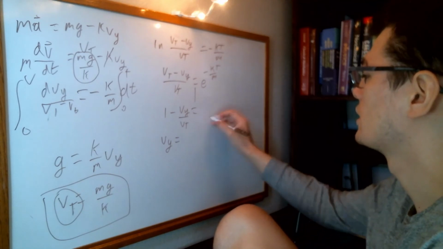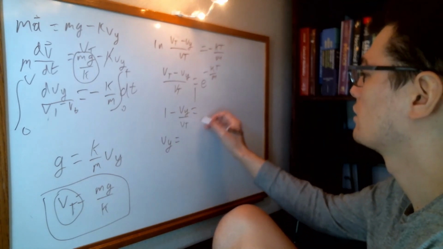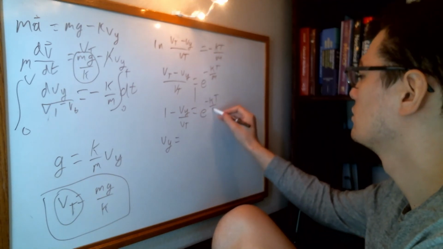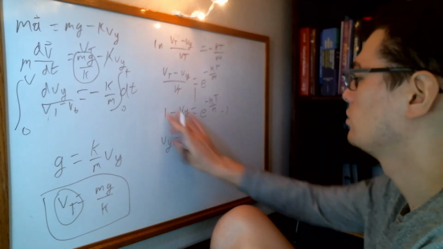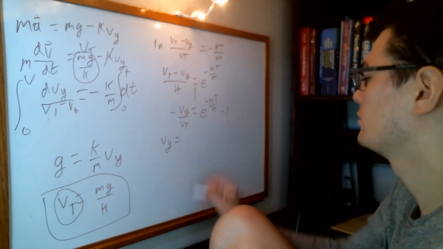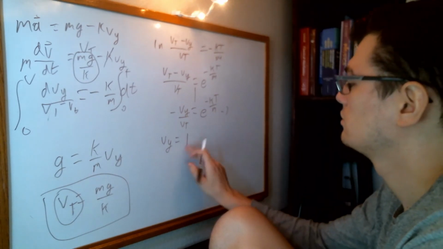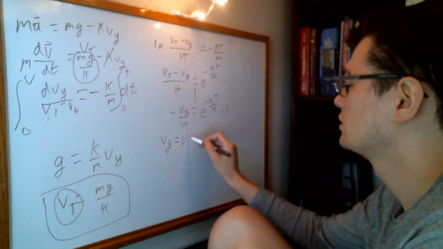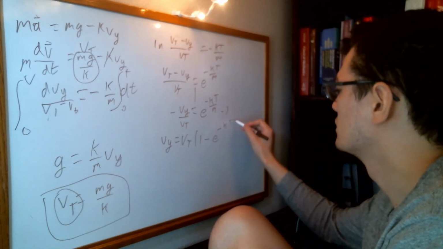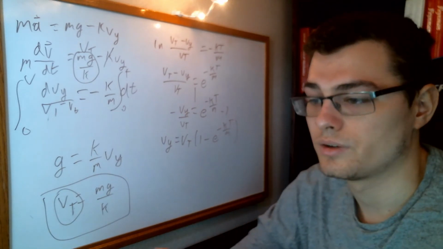We have e to the negative kt over m, subtract 1, which gets rid of that, and then take the negative of both sides. And then this is going to be equal to vt times (1 minus e to the negative kt over m), and there's what vy is.